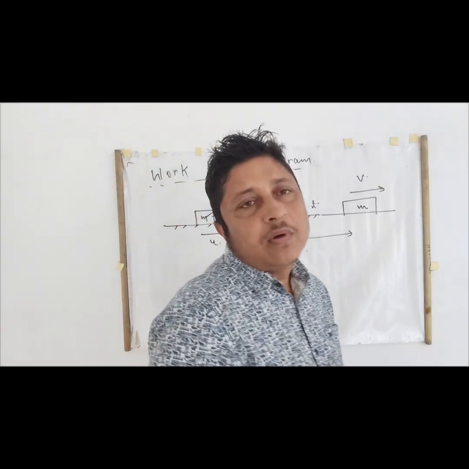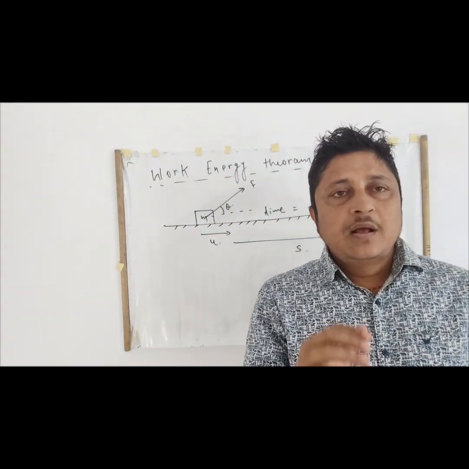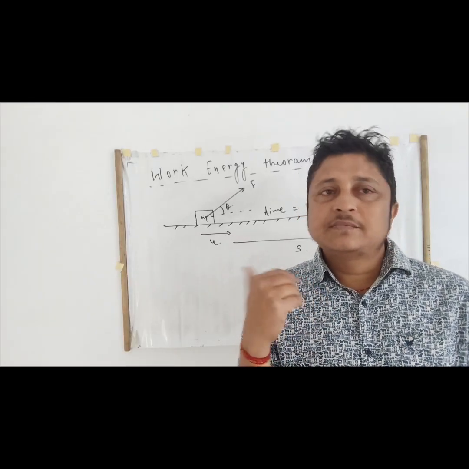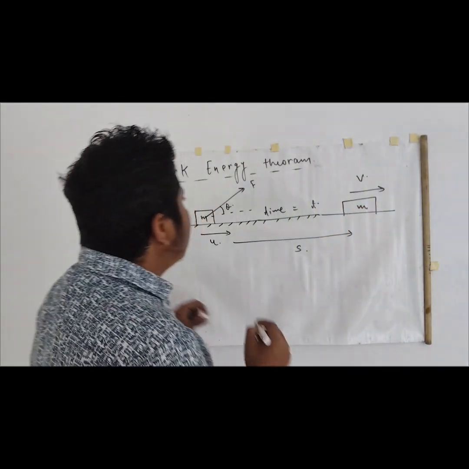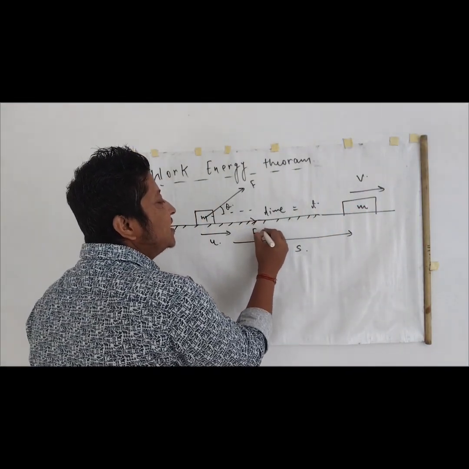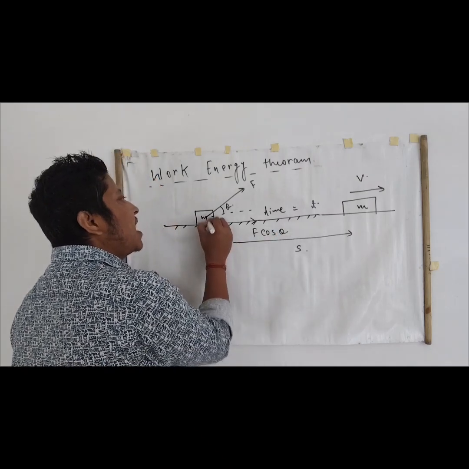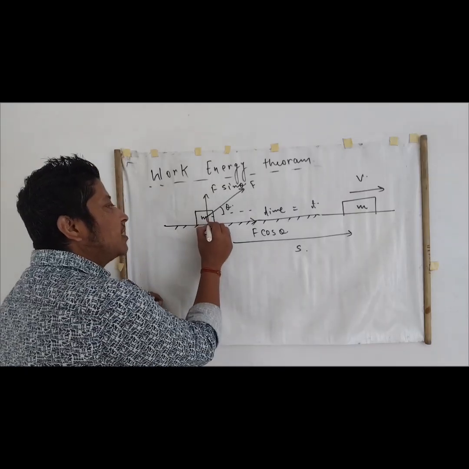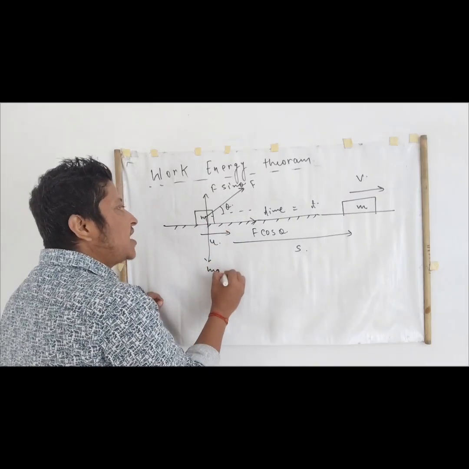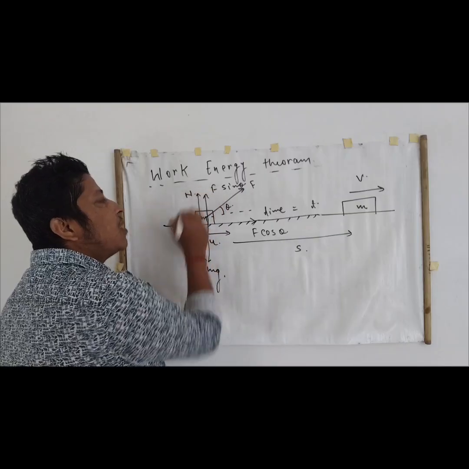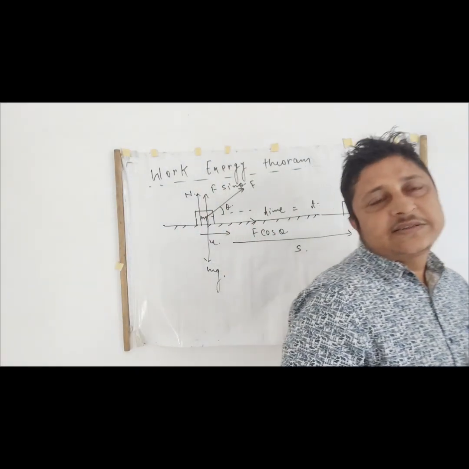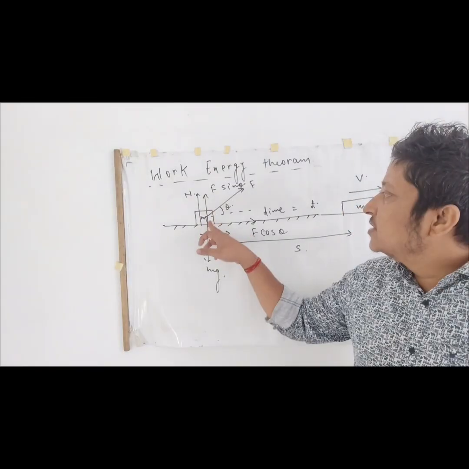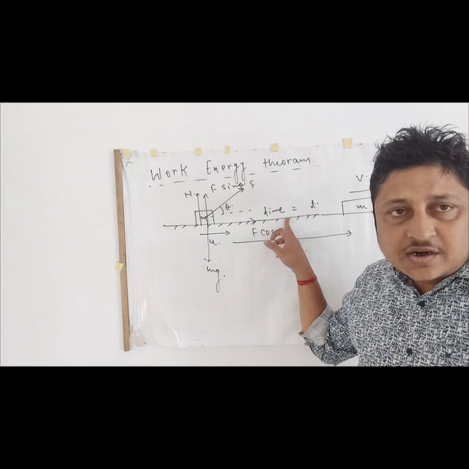We will use the kinematic situation as well as the dynamic situation. As we can see here, there is a component of force F cos theta which acts horizontally and a component F sin theta which acts in the vertical direction, the weight of the body mg which acts downward, and the normal force N. This picture denotes the free body diagram of the body, which moves along the horizontal direction.